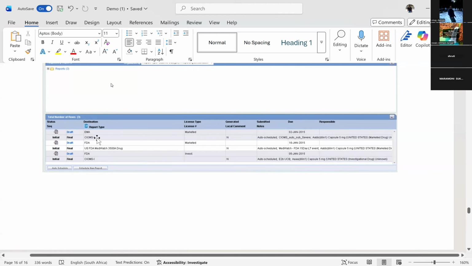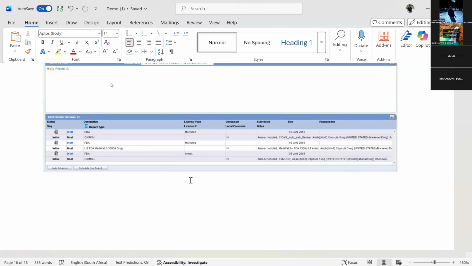We are submitting SIOMS 1 to EMA and we are submitting MedWatch to US FDA. And also here, we are submitting SIOMS 1 to FDA. It is a sample report, but we have to follow the correct requirements of every regulatory authority for which we are processing cases. Okay.